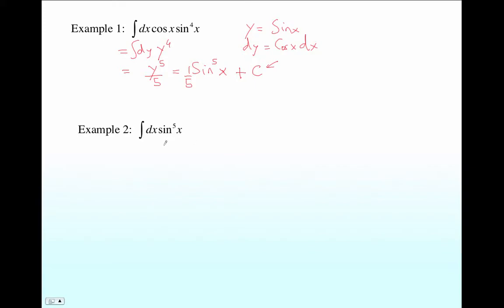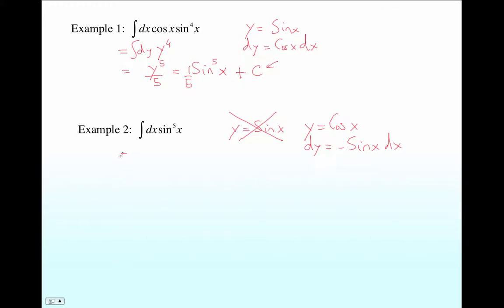Let's proceed to the integral of sine to the 5 x. Now here, let me try the following. Let me put y equal to sine of x. But if I do that, then I will get dy is equal to cosine of x dx, and I don't see that anywhere. And this doesn't seem useful. So I'm going to try y equals cosine of x, in which case dy is minus sine x dx.